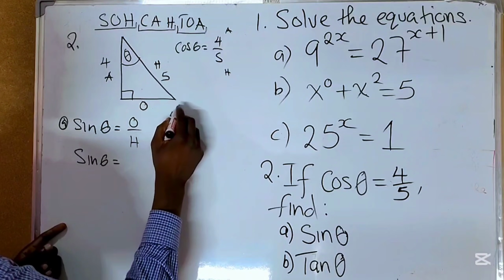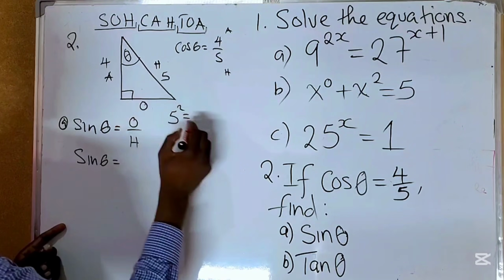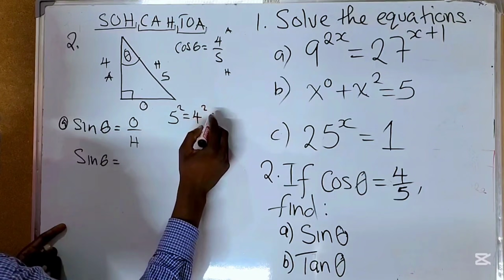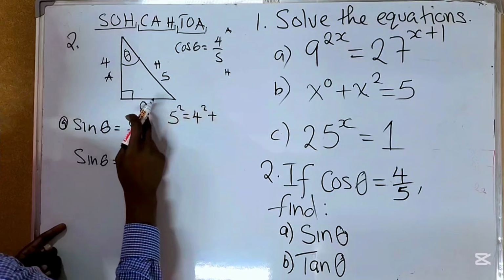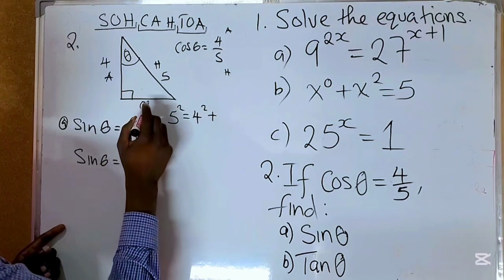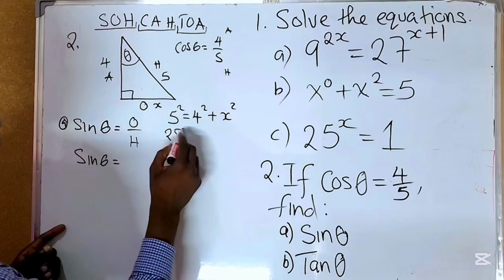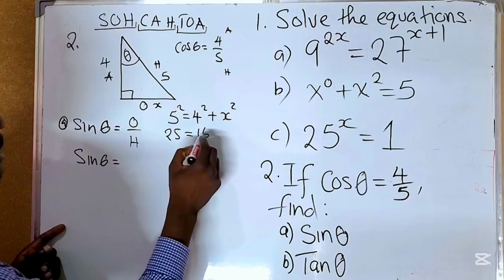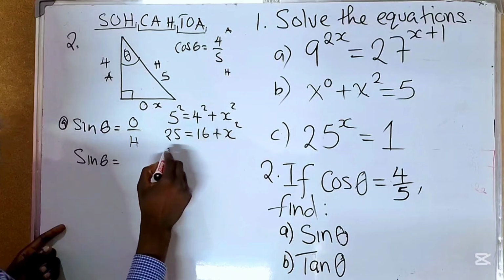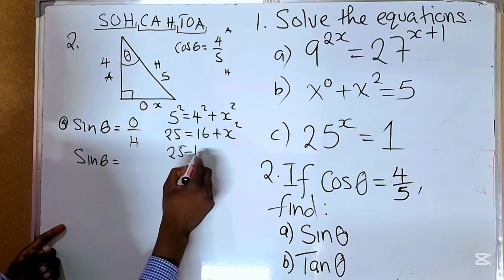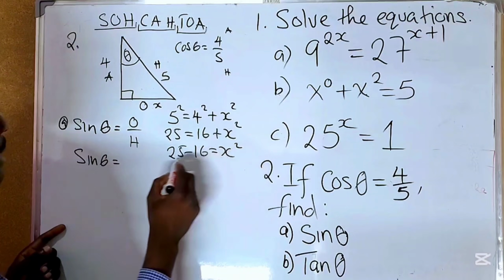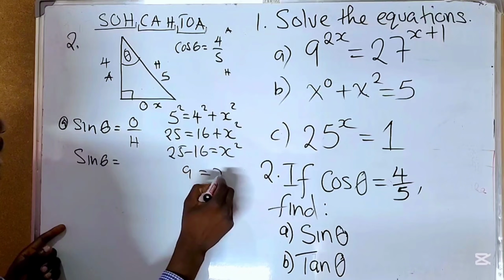So hypotenuse squared is equal to 4 squared plus x squared. So this is 25, this is 16, this is x squared. 25 minus 16 is equal to x squared. 25 minus 16 is 9, x squared.